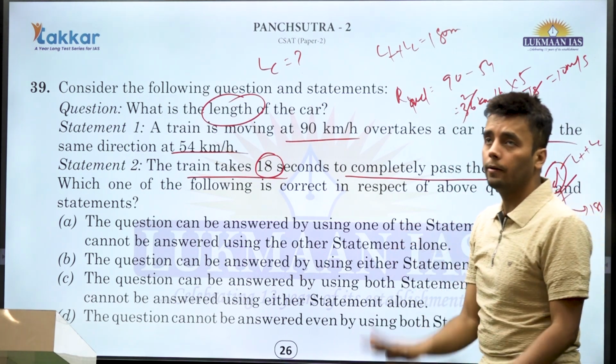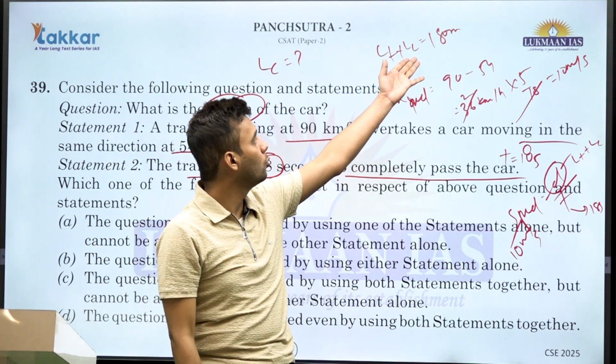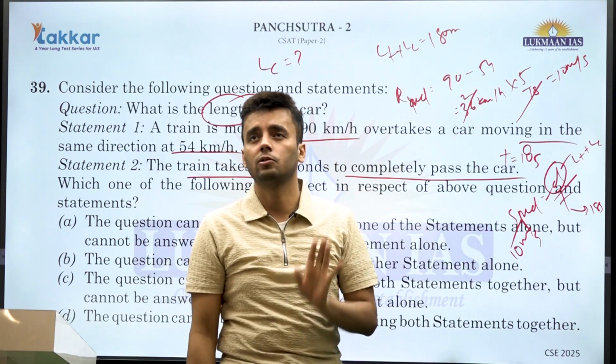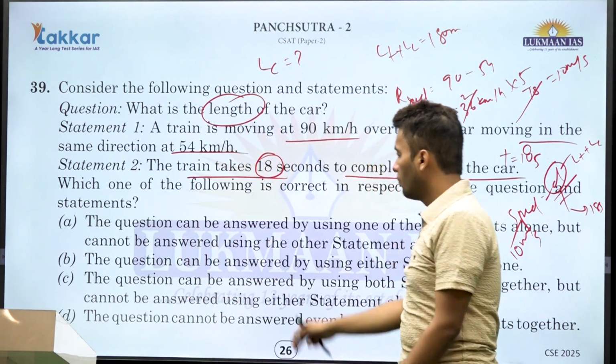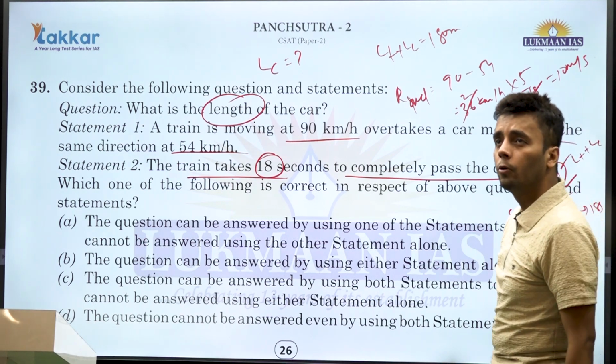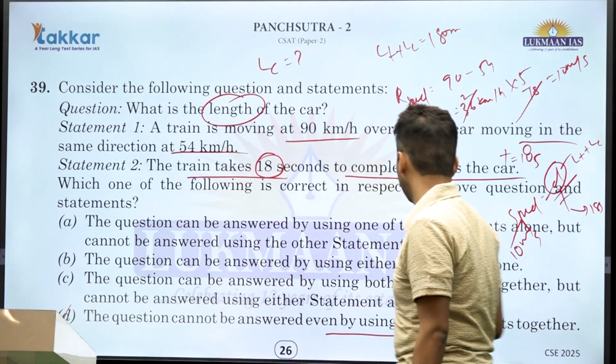This is the combined length, but we have two unknowns and only one equation. Can we solve this? We can never solve this question. So both the statements, even when combined together, are not sufficient to answer the question. So D will be the correct answer. Cannot be answered.